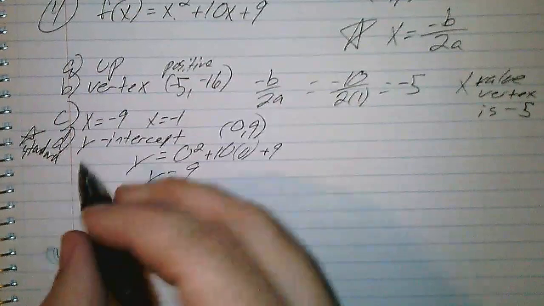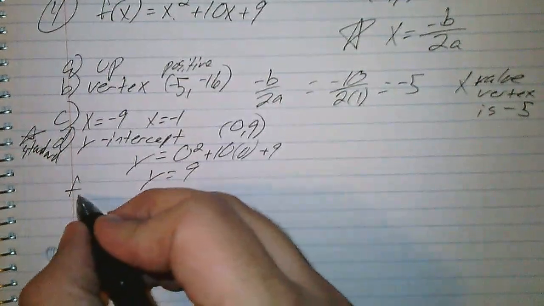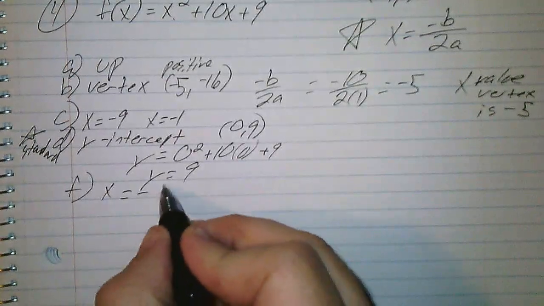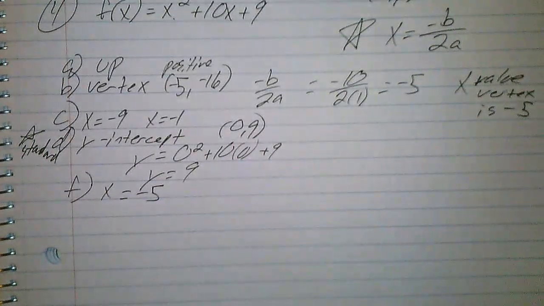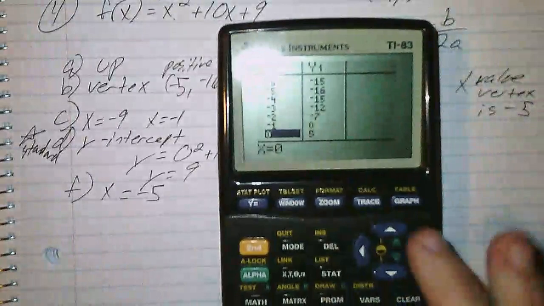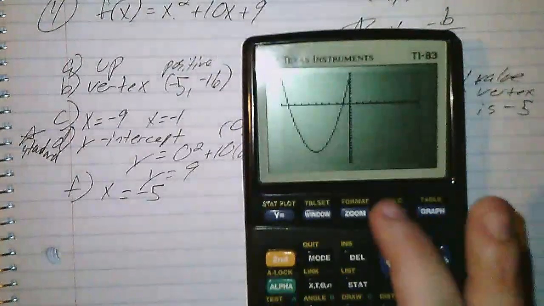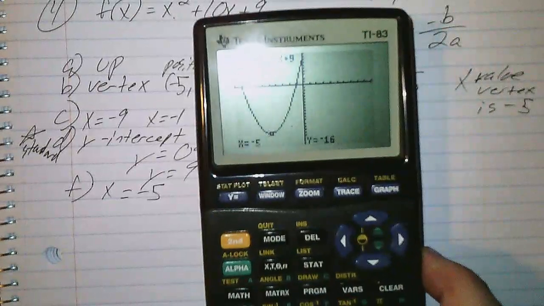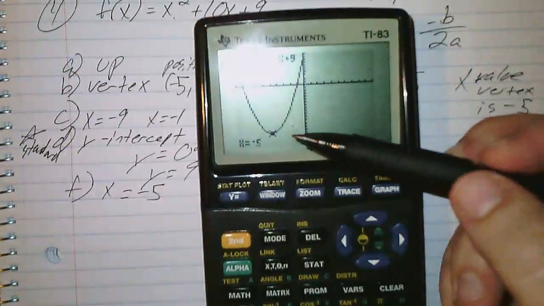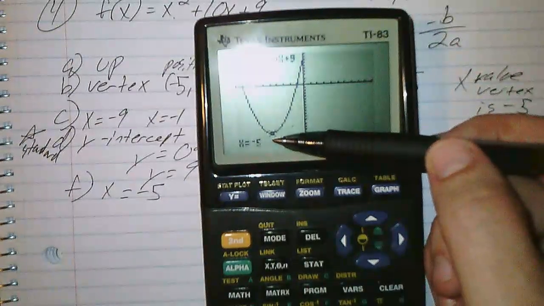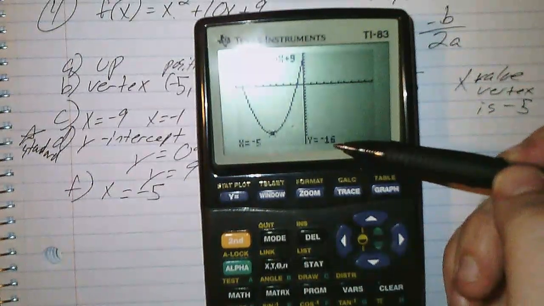Again, you know how to do the sketch. Axis of symmetry is just x equals the x value of your vertex. Minimum and maximum, again, our vertex is at -5, -16. So we have a minimum value at -16.